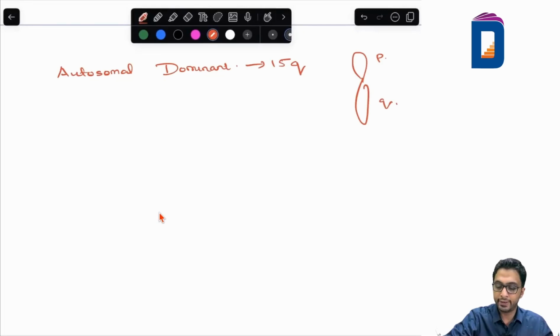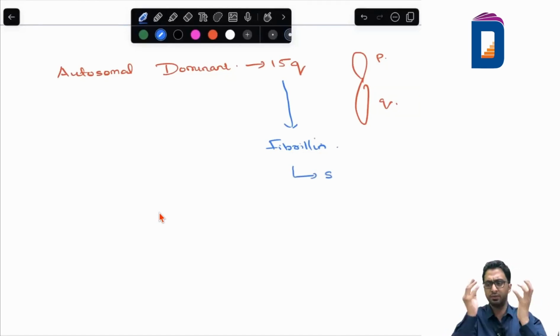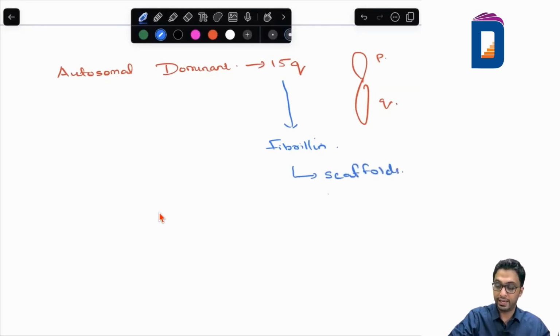And due to that effect, what you get is a problem with a particular protein called fibrillin, a mutation in the gene which produces fibrillin. Now, what is the importance of fibrillin? Fibrillin is a scaffolding for your elastin.